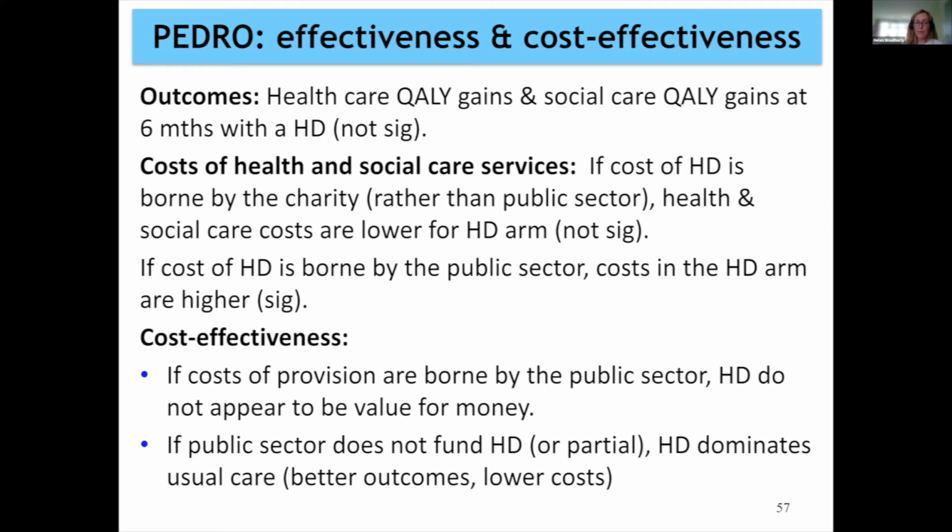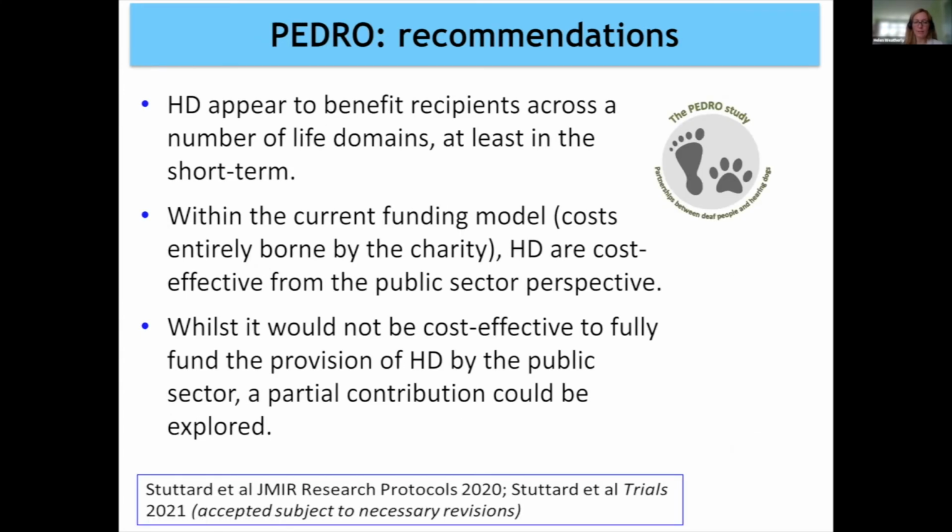However, if the public sector did not fund the hearing dog, as is the case currently, and we also looked at an alternative scenario where there was partial funding, we found that hearing dogs could potentially dominate non-use of hearing dogs. That is, they had better outcomes, as we said, higher social care QALYs and healthcare QALY gains, but also at a lower cost in terms of lower health and social care usage. So for the final slide, thank you.